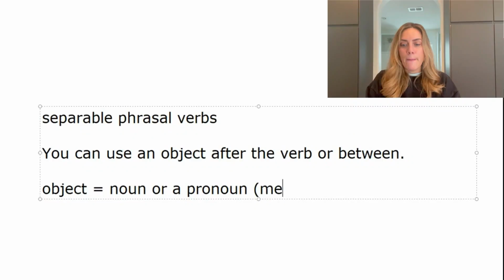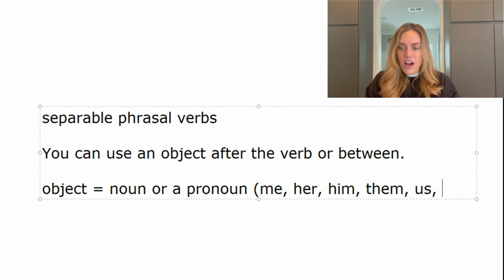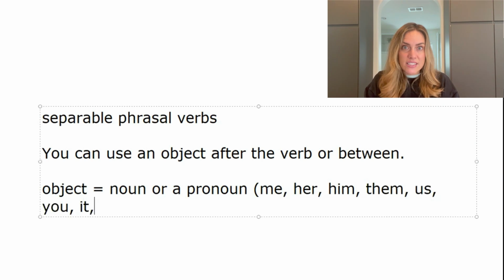Remember what a pronoun is? Those words that replace nouns. And since it's the object, we have to use object pronouns. So what I mean is words like me, her, him, them, us, you, it. Okay, these are object pronouns. They replace the object after a verb.